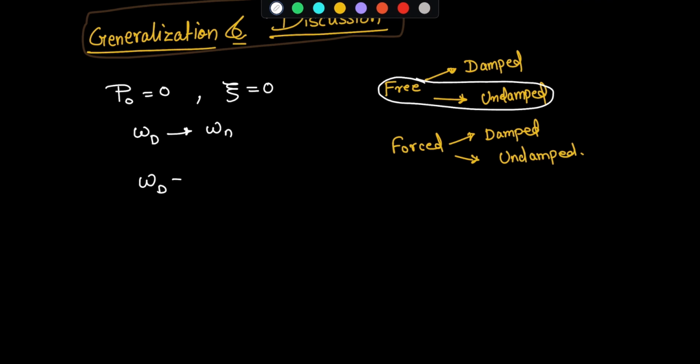As we know, omega d is equal to omega n times the square root of 1 minus zeta square. So if we have zeta, that is damping ratio, equal to 0, then omega d is equal to omega n.